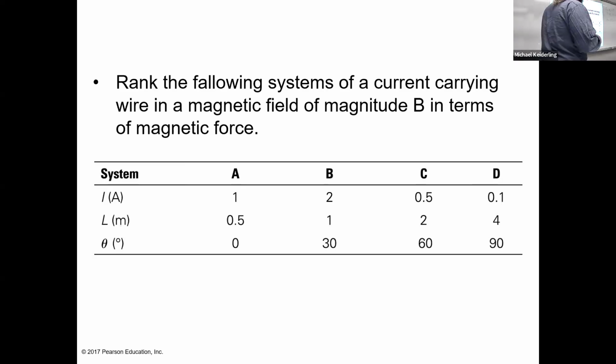Then we have 2 amps, 1 meter, angle of 30 degrees; ½ an amp, 2 meters, angle of 60 degrees; 0.1 amps, 4 meters, angle of 90 degrees. We want to rank these in terms of magnetic force.